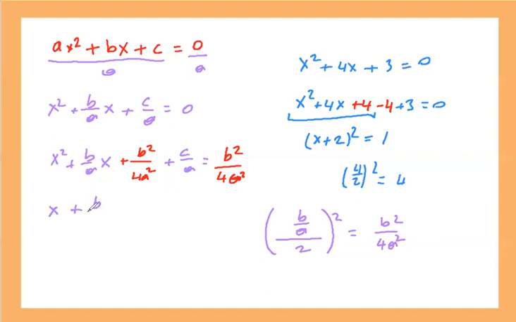So that is why I can replace it as b over 2a added to x, and that is squared. If you expand this, you actually get these 3 terms. And then if you subtract c over a from both sides, you will get negative c over a plus b squared over 4a squared.